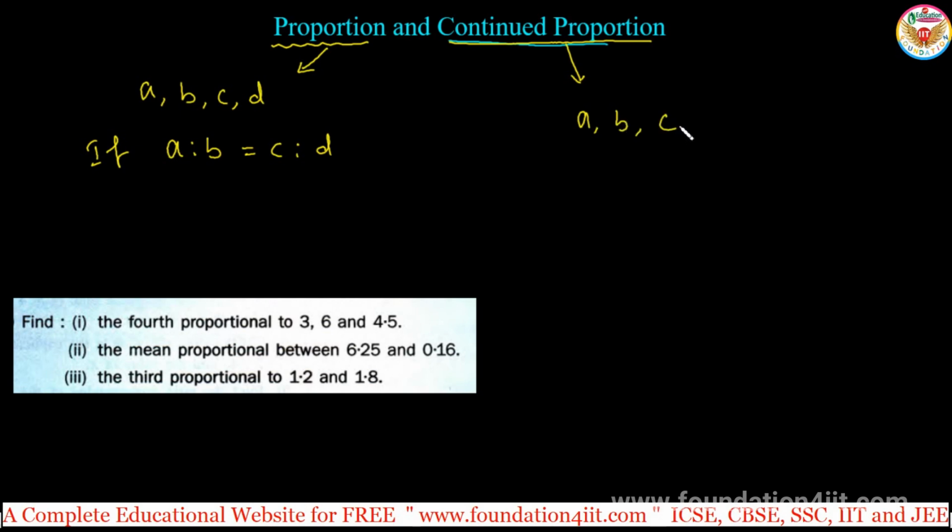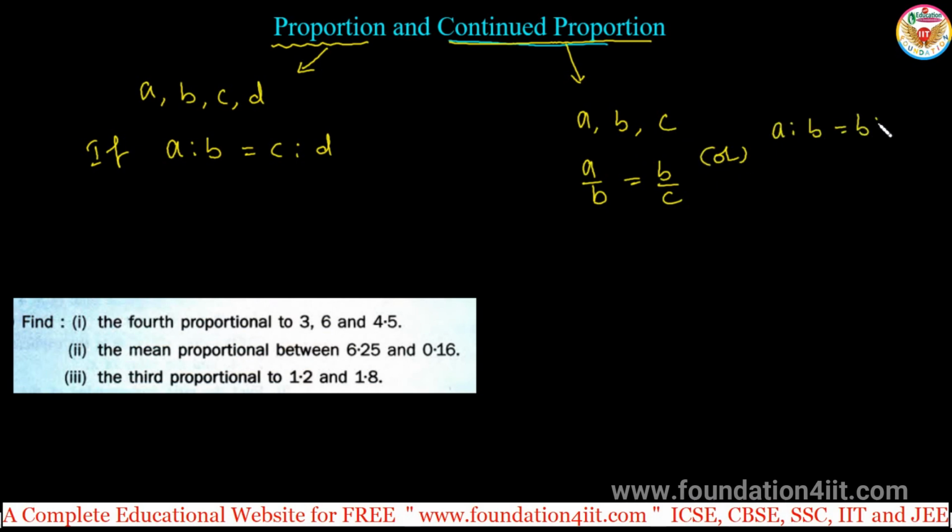And when you come to continued proportion, it is only three non-zero quantities. A, B, C are said to be in continued proportion only if A by B is equal to B by C, or A is to B is exactly equal to B is to C, meaning the first and second quantity ratio is exactly equal to the second and third quantity ratio. If the ratio of the first to the second is the same as the ratio of the second to the third, this is continued proportion.